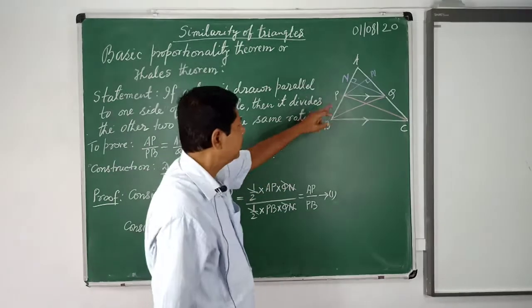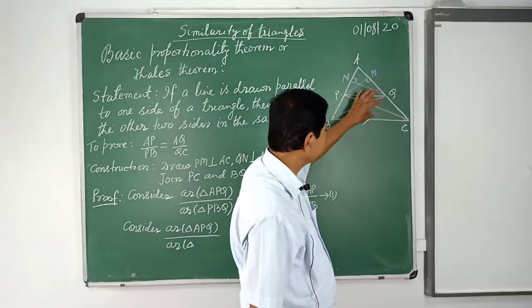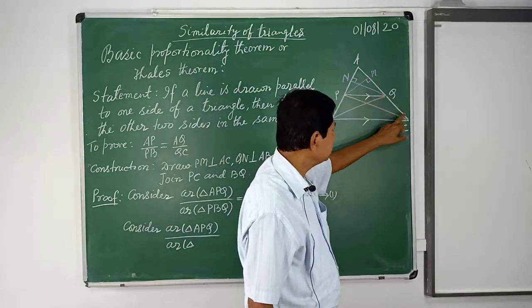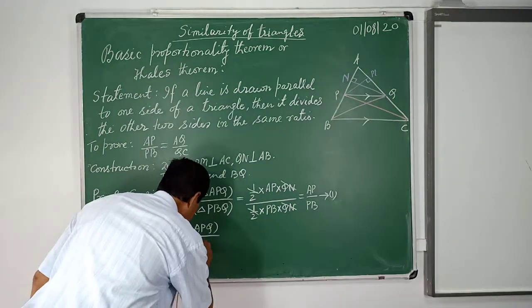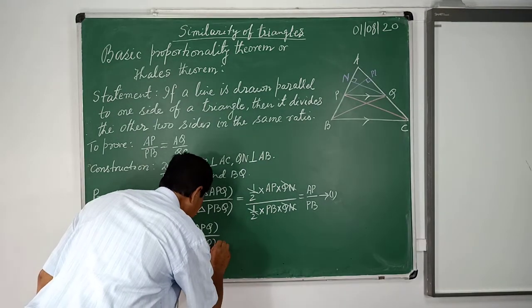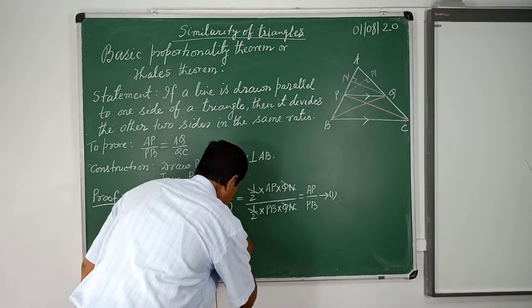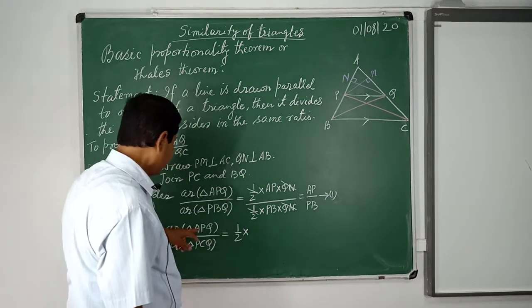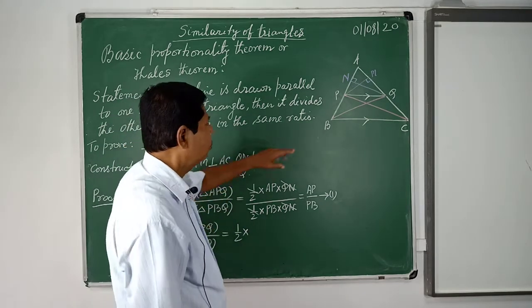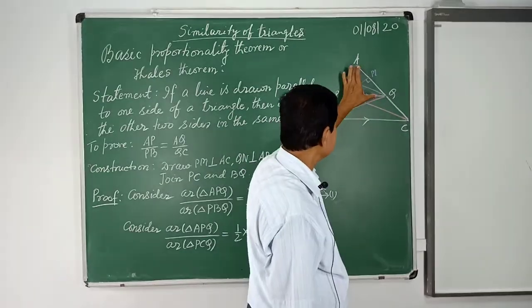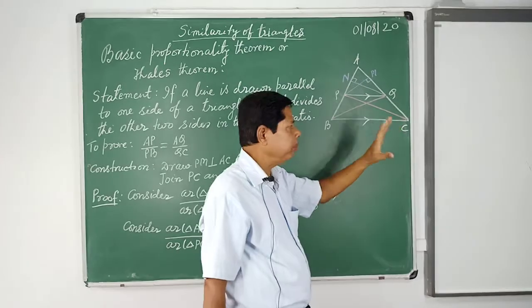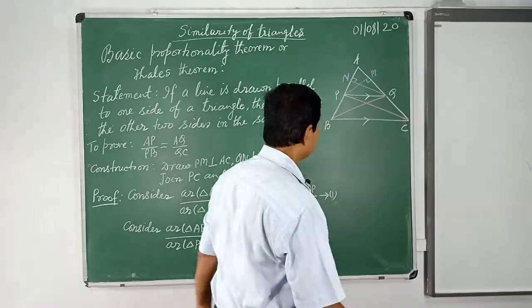Here we shall consider APQ once again, and from this side PCQ, this triangle will be considered, PCQ. Half into, for this triangle APQ, in this case we shall suppose AQ as the base, then PM will be the perpendicular.